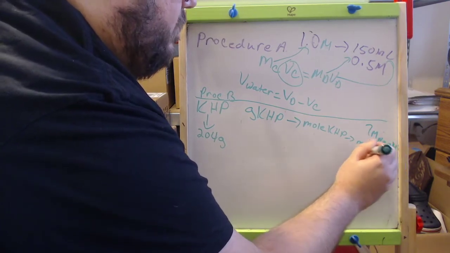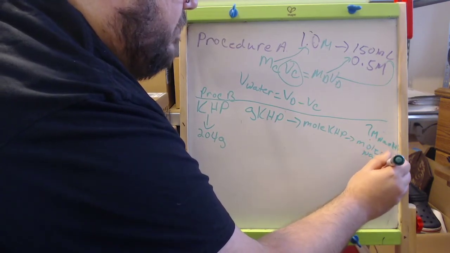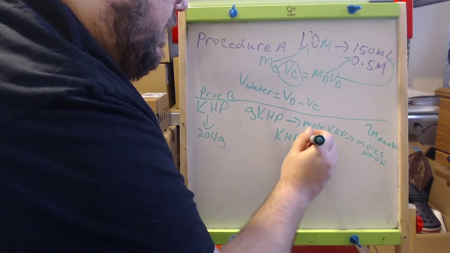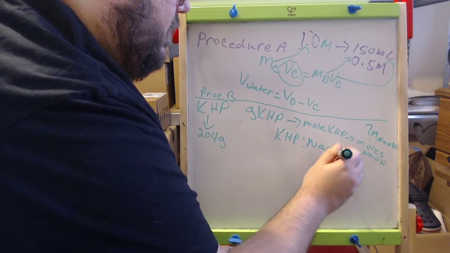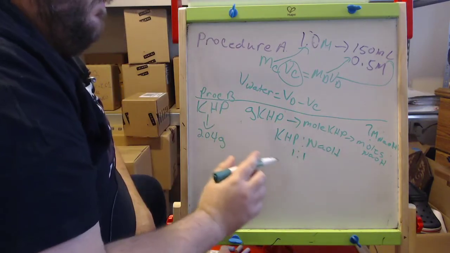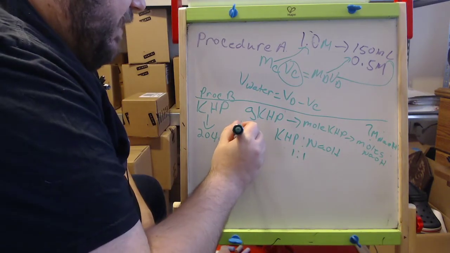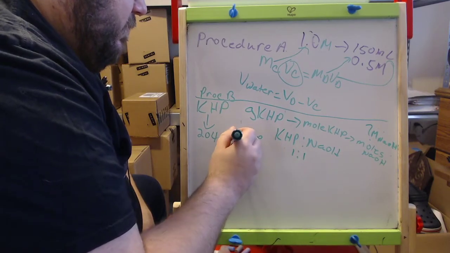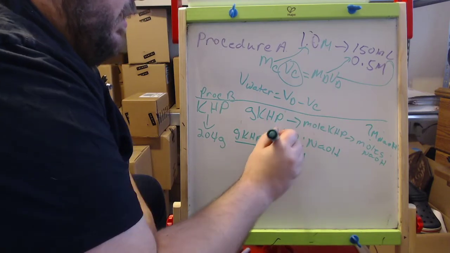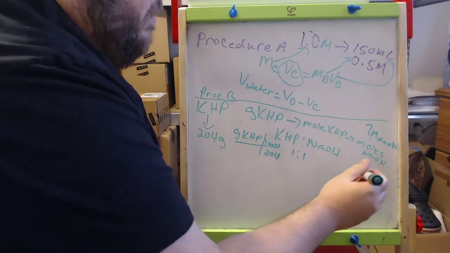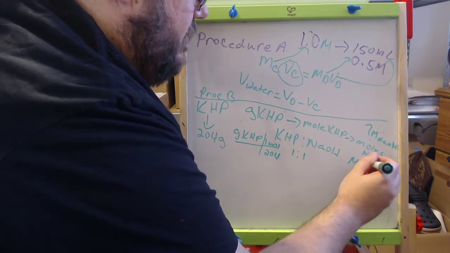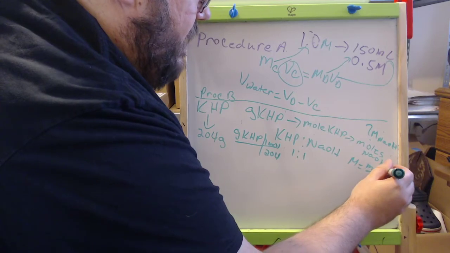The relationship between KHP and NaOH is a 1-to-1 molar relationship. So you take the grams of KHP, the 204 goes down here, your 1 mole goes up there, and you get to the moles of NaOH, which you need. If I'm going to find the molarity, I need the moles. So that moles is going to go right here.